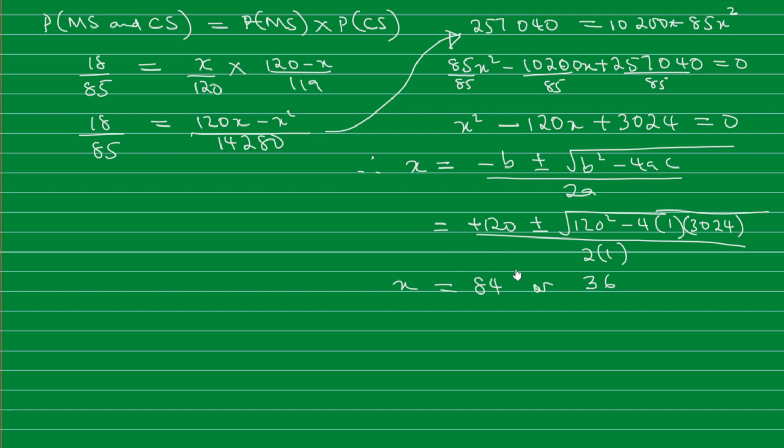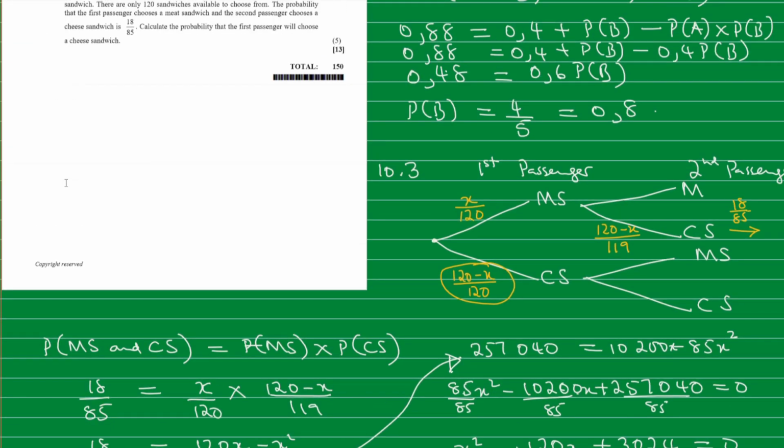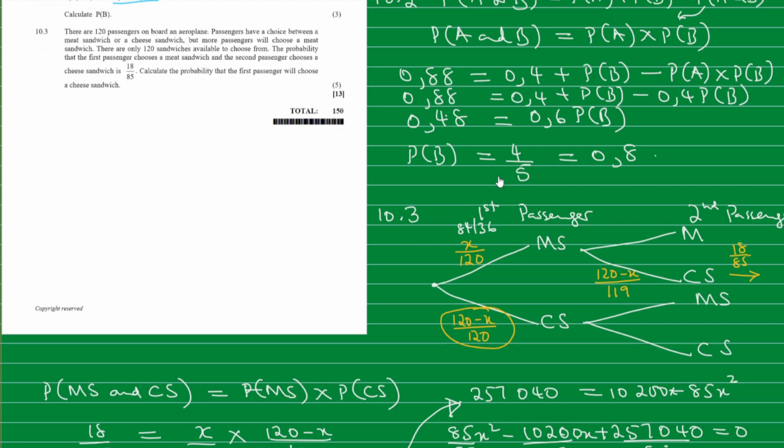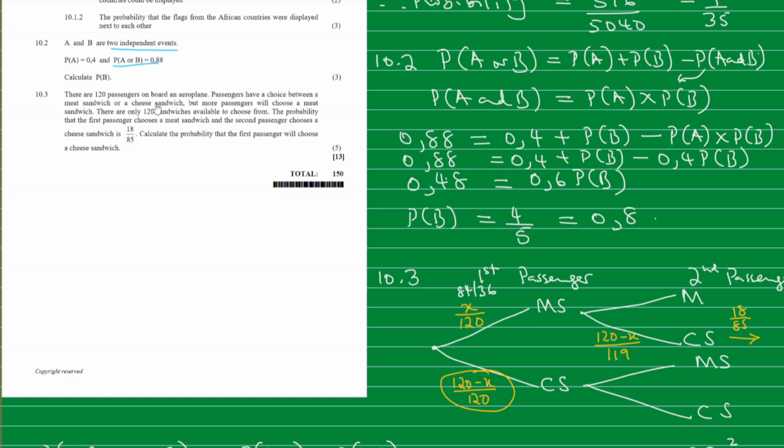So it means there are two possible values for the number of sandwiches. So we have got x over 120, which means this x can be 84 or it can be 36. Now from the condition that we are given, that more passengers choose meat, that gives us a clue that we must have 84 people who choose meat sandwiches, because 84 is greater than 36.